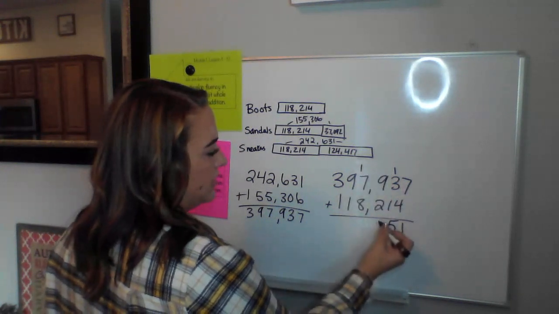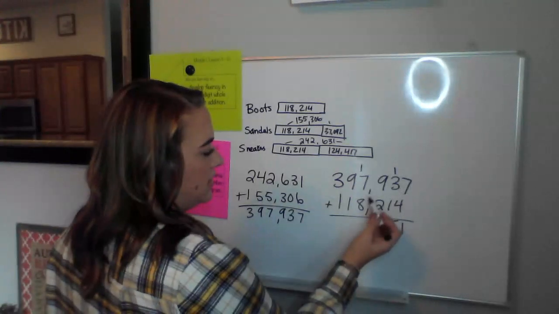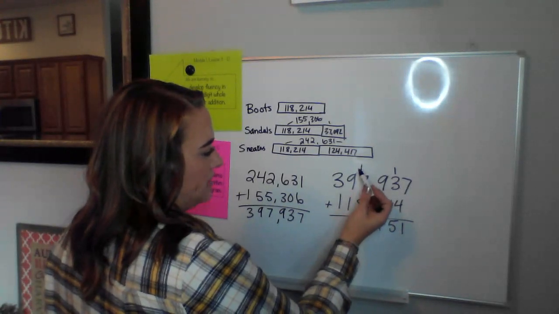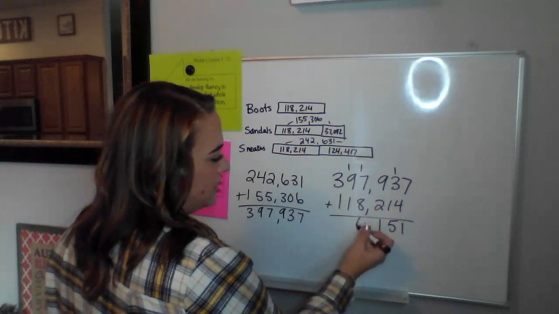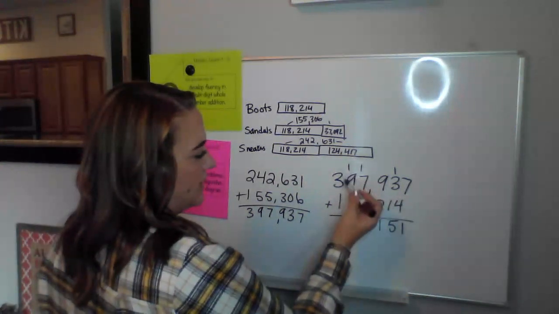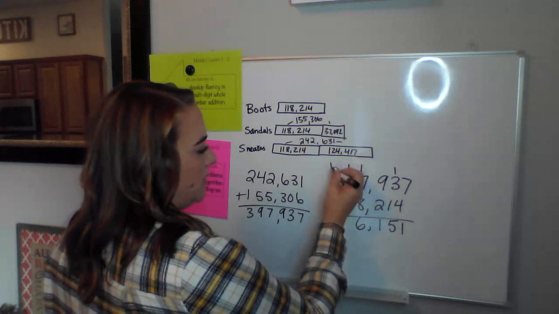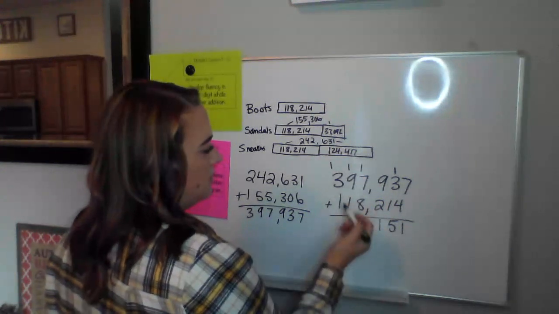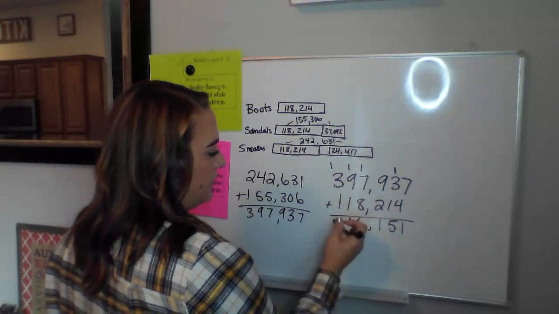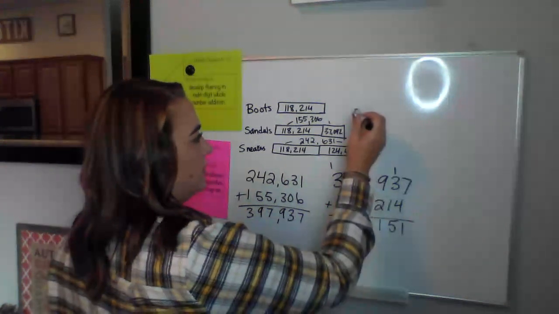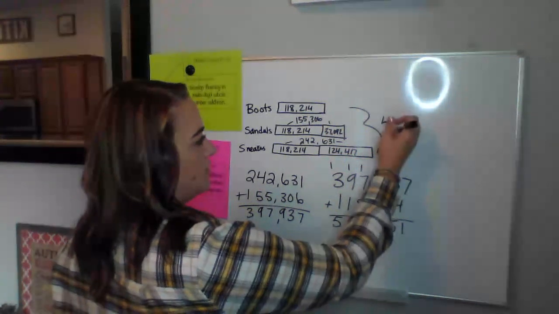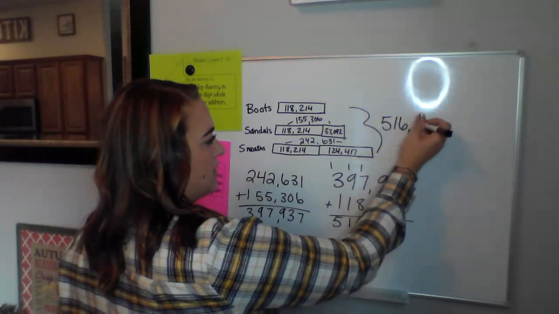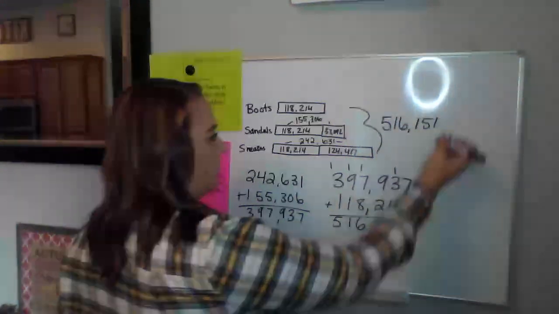Carry your 1, bring down your 1, comma. I have 7 plus 1 gives me 8. 8 plus 8 is 16. Carry my 1, bring down my 6. 9, 10, 11. Carry my 1, bring down my 1. 3, 4, 5. So the total amount of the boots, sandals, and sneakers that they sold was 516,151.